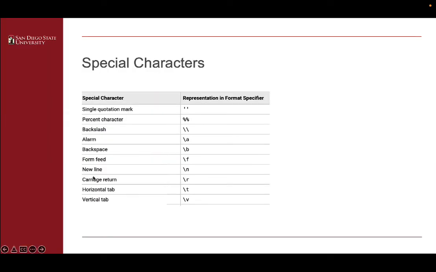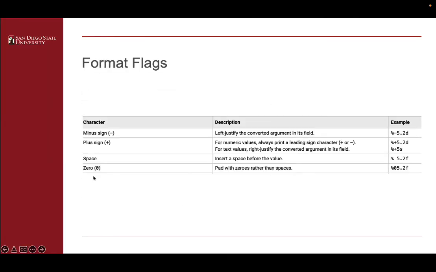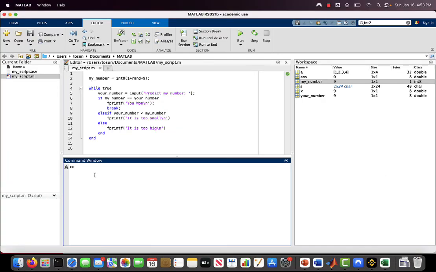But first, okay, I didn't add it to my presentation. I need to open a file with the fopen function, which means file open. That function gets two parameters. The first one is the name of the file. Let's say myfile.txt.